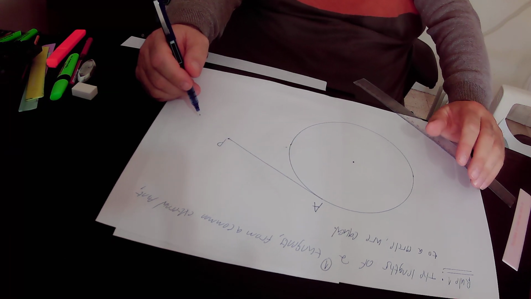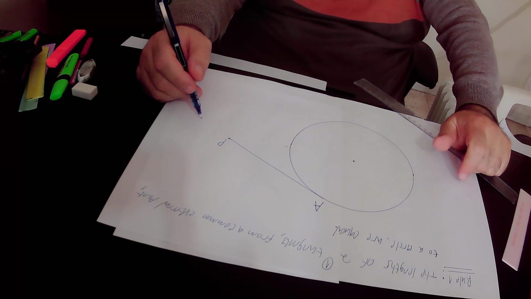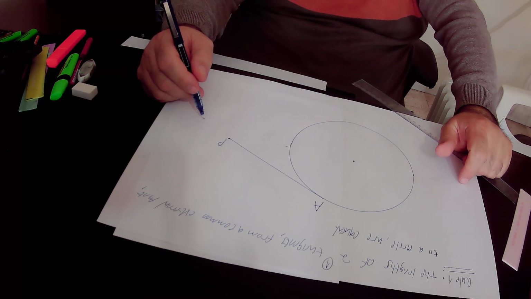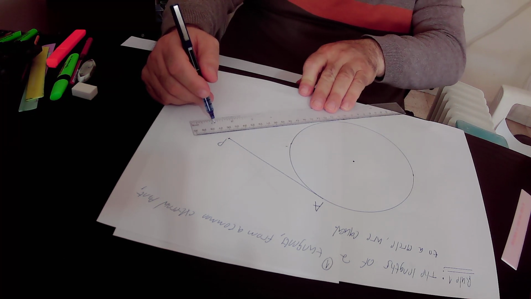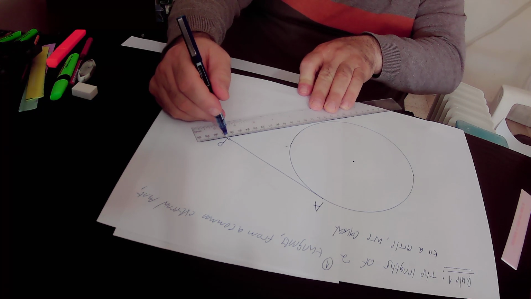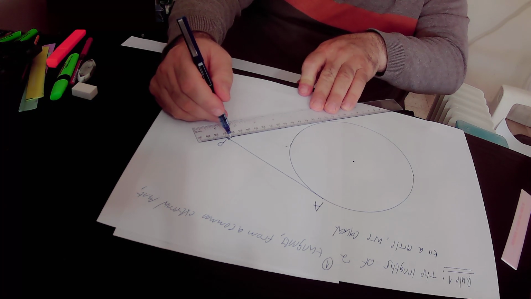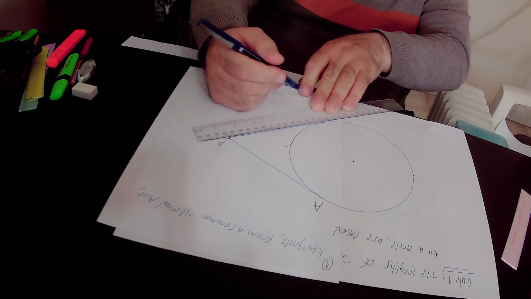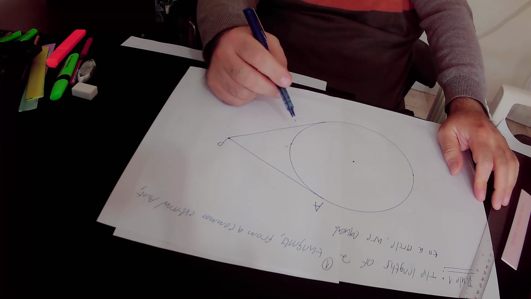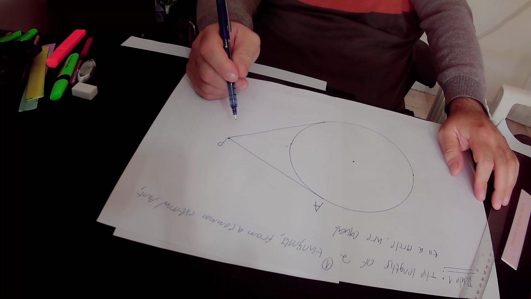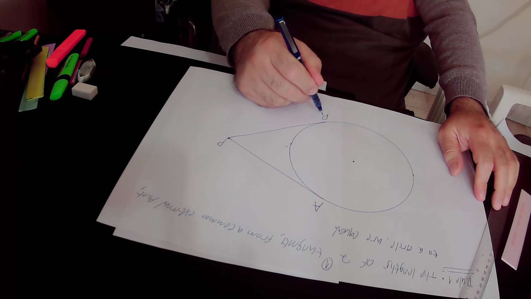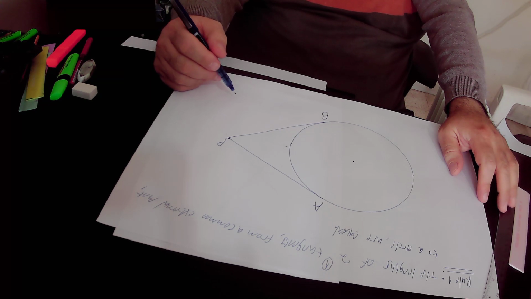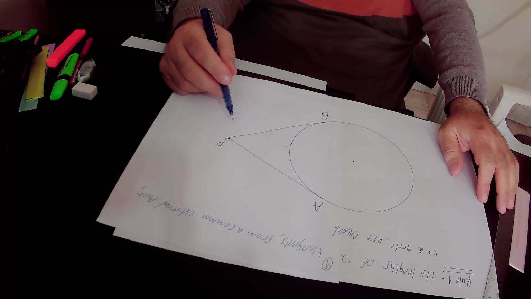So actually the length of the first tangent is PA, and then we will draw a second tangent to this circle. So this is the second tangent to this circle. We define the touching point of the second tangent with this circle as point B, and the length of the second tangent is PB.